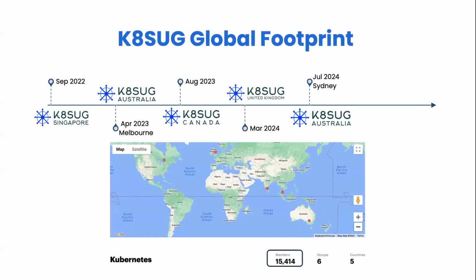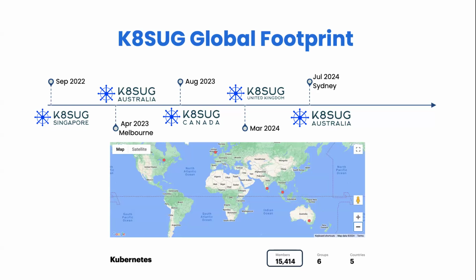So let's talk about K8SUG and how it has been growing around the world. Who knows the history of K8SUG? K8SUG was founded by Yongkan, the Kubernetes guy, the AI guy today, in Singapore. Since Singapore in September 2022, we have expanded to Australia.